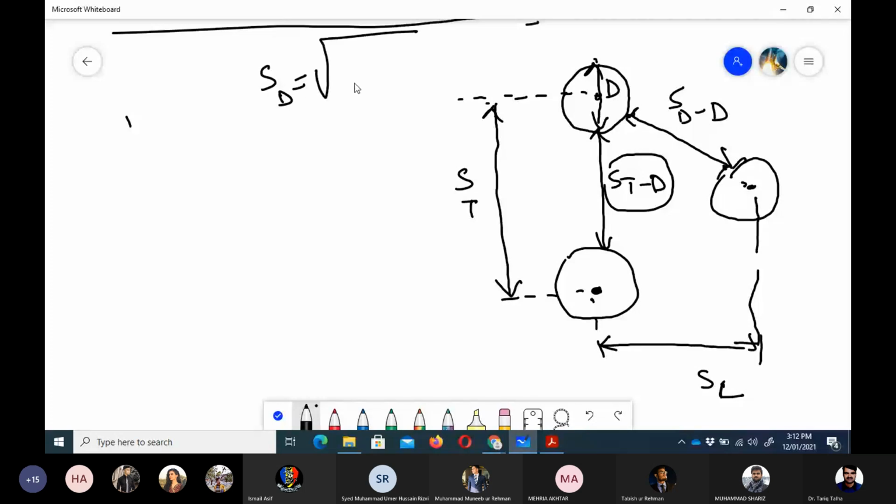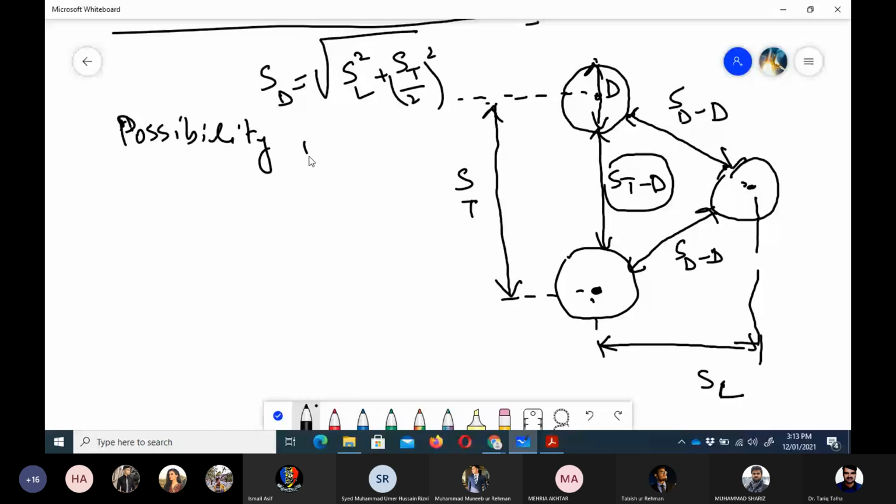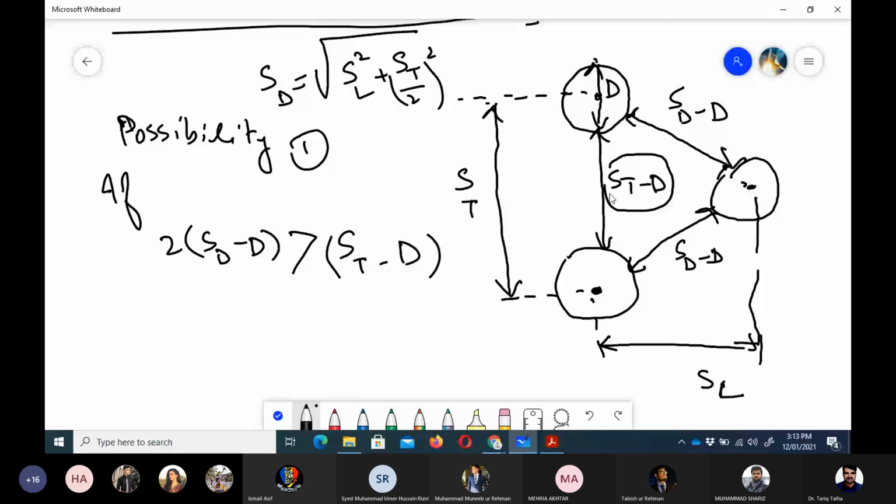SD is the square root of SL squared plus ST divided by 2, squared. So possibility one: if 2 into SD minus D is bigger than ST minus D, it means that ST minus D is small.